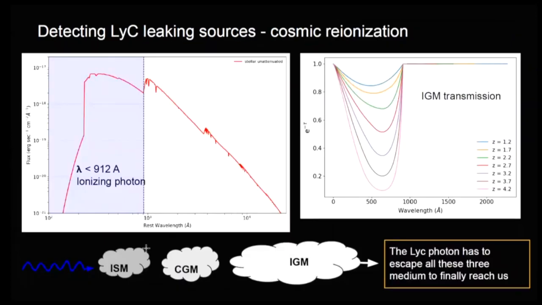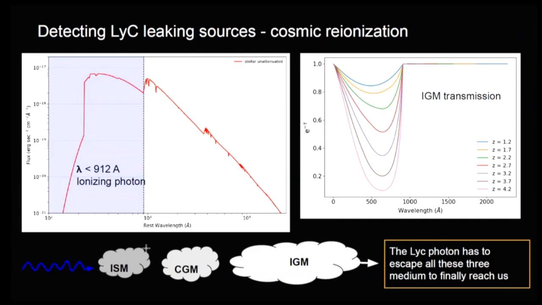Finally, the topic we are currently exploring with these five deep fields imaging is identifying Lyman continuum leakers at different redshift ranges. This particular spectrum is from a model. Below 912 angstrom, which we know is the ionizing part of the spectrum, detecting these photons from distant galaxies is very important to understand the reionization process.